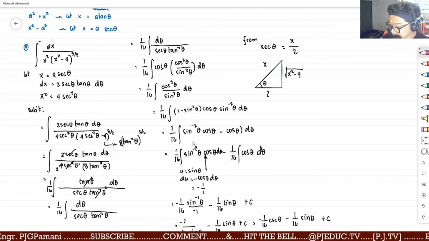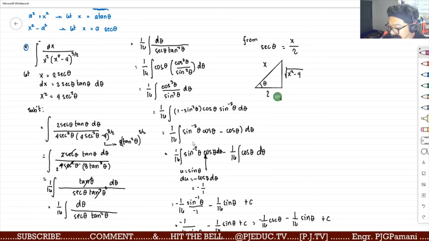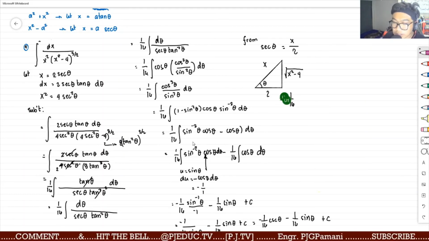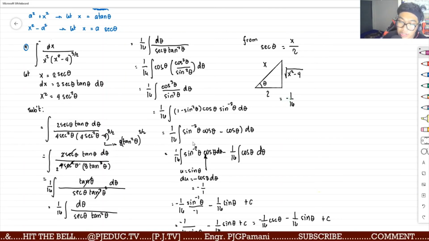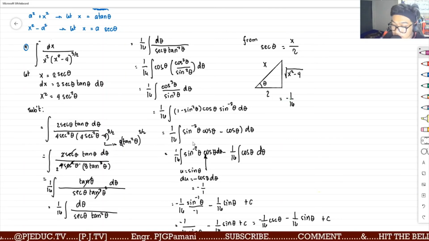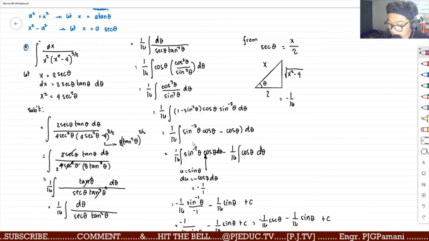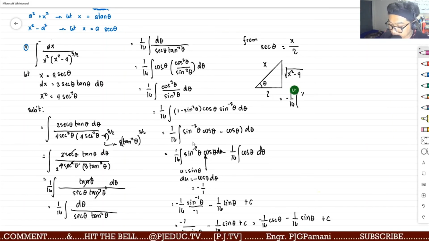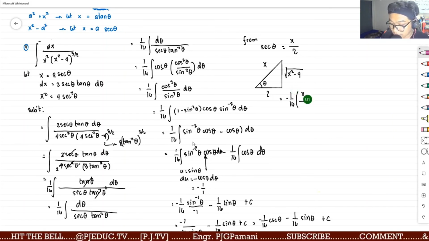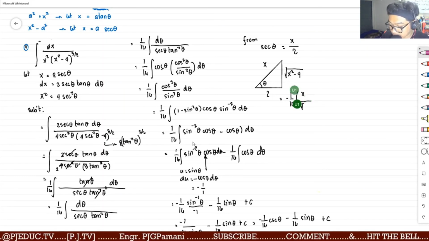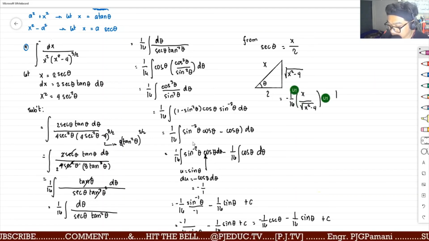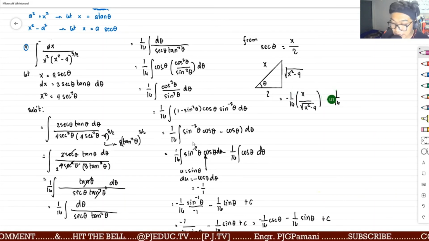Substitute. 1/16 of cosecant theta. Ano ang cosecant? Ang cosecant, again, is hypotenuse over opposite, reciprocal ni sine. Minus 1/16 of sine theta.